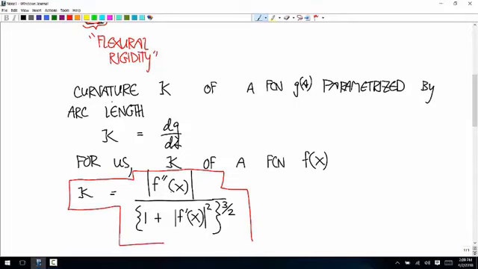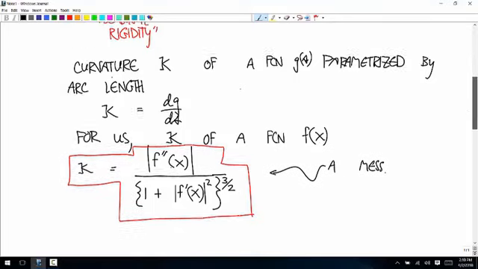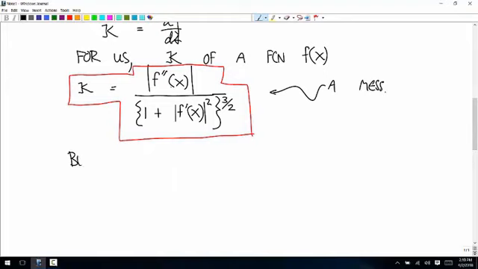But the good news is, this is a mess, but notice what happens if f prime of x stays close to 0.